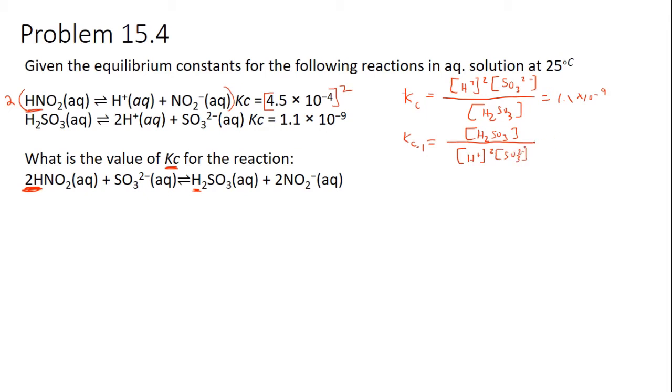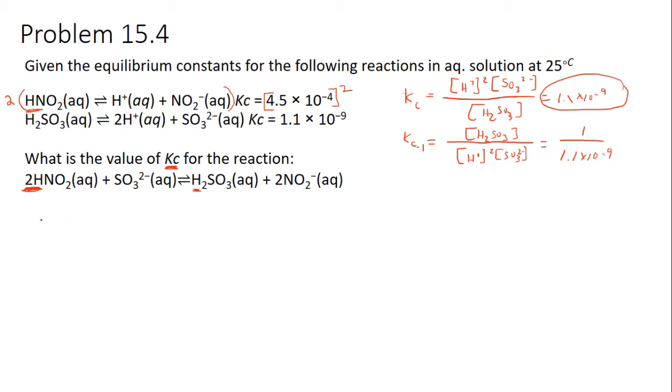And what that does is, basically the concentration that was previously on the bottom is now on the top, and the concentrations that were on the top here are now on the bottom. So we've switched it, we've flipped it, we basically made the inverse of what we had before. So that equilibrium expression becomes now 1 over 1.1 times 10 to the minus 9, the inverse of the previous equilibrium expression that we had, simply because we flipped the direction of the reaction.